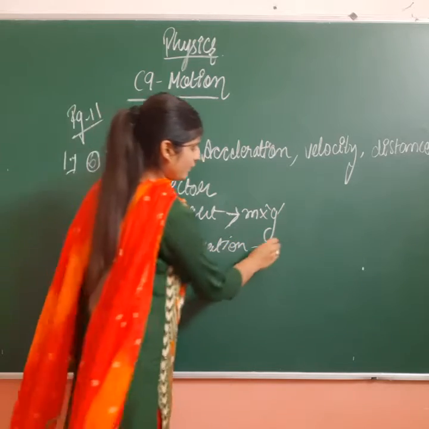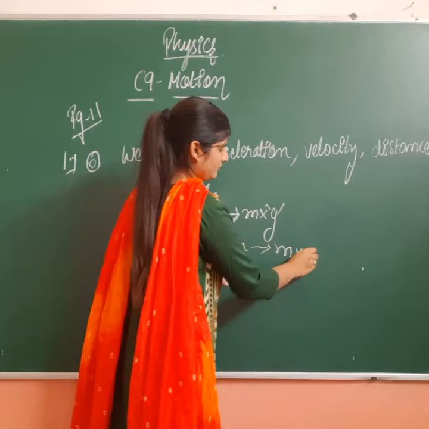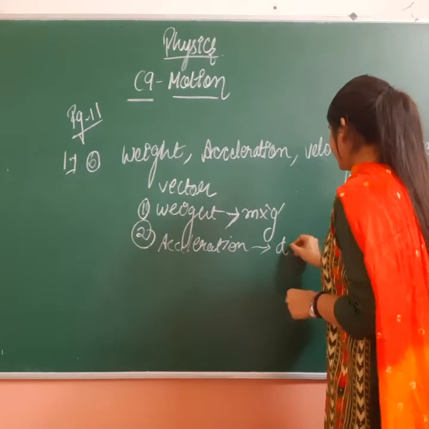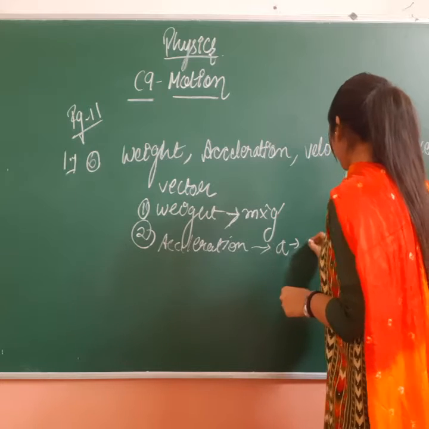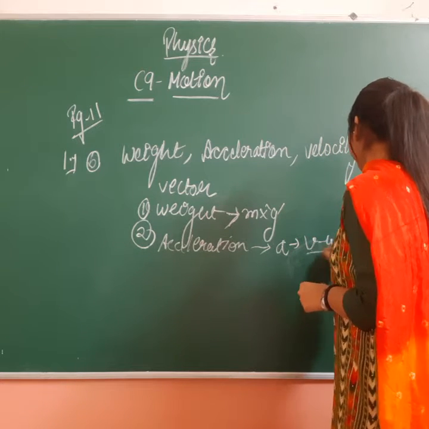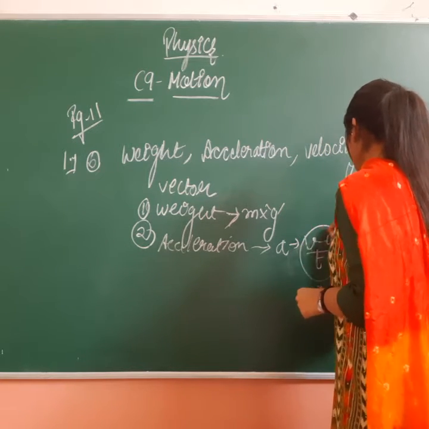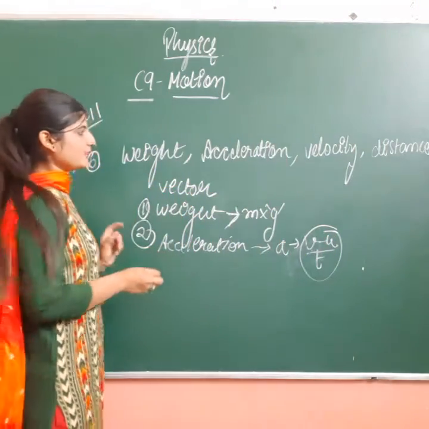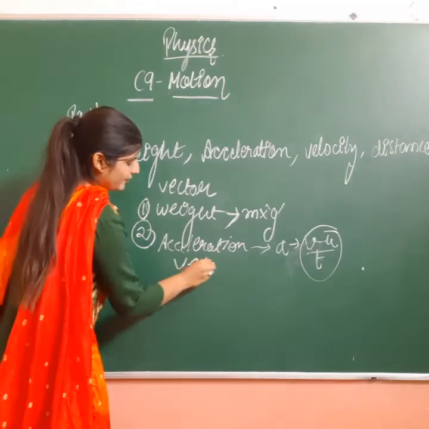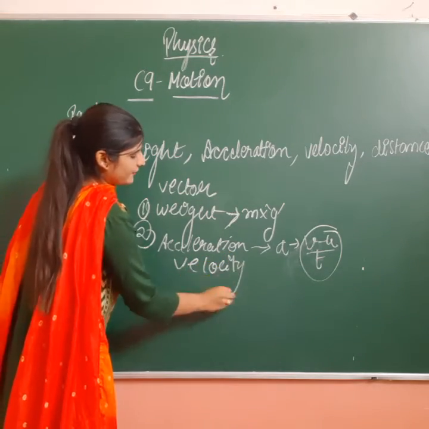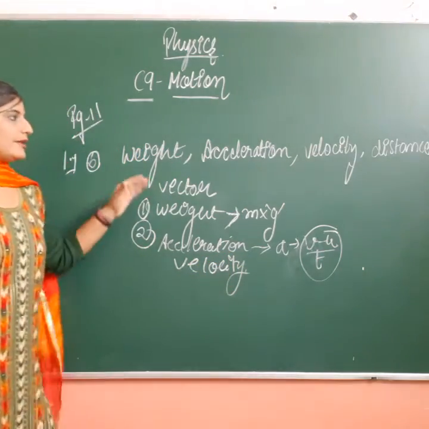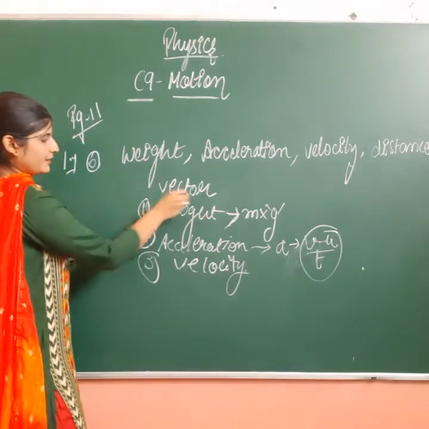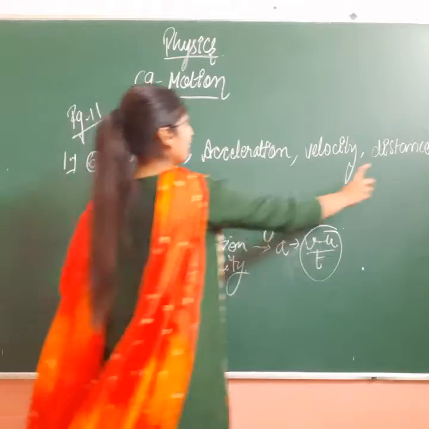Second part is our acceleration. Acceleration means change in velocity upon time. So velocity is a vector quantity. Again it is a vector. Since we have studied till distance and displacement, velocity is also a vector quantity. Now only distance is left.